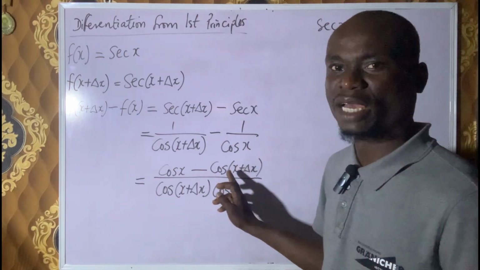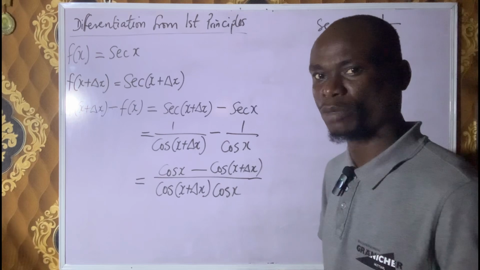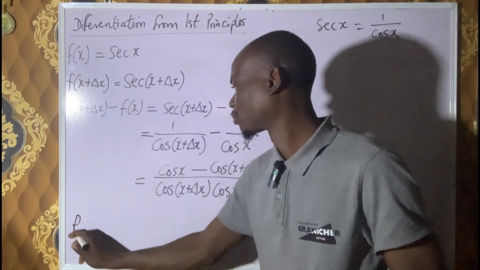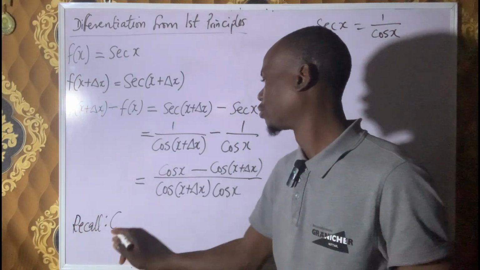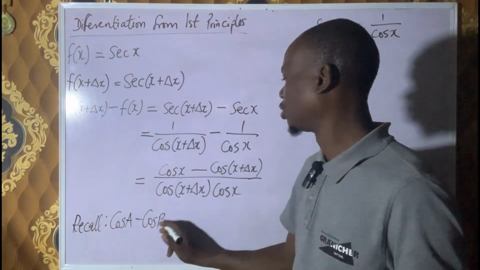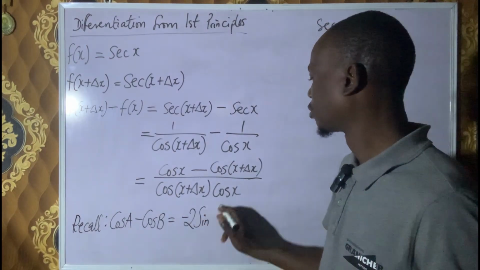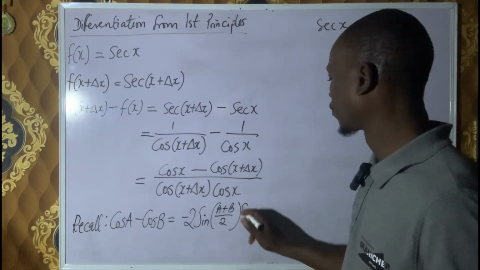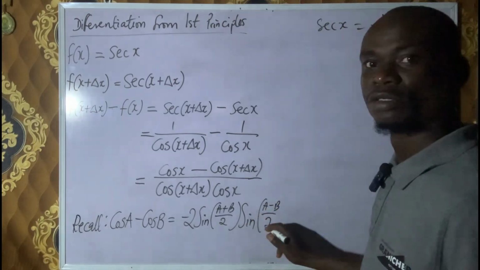Okay? So if you observe, in the numerator we have cos A minus cos B. That means I can recall the identity for cos A minus cos B. We used it in one of the problems we solved previously. If I recall it, cos A minus cos B is equal to minus 2 sine of (A plus B) over 2 times sine of (A minus B) over 2.